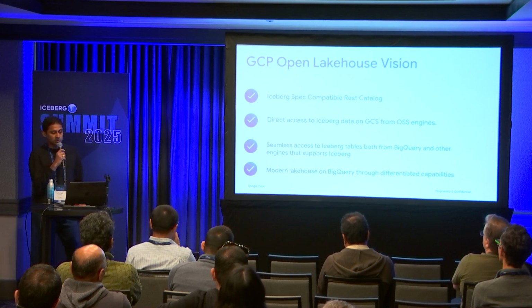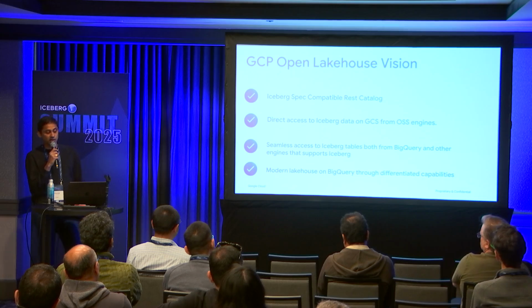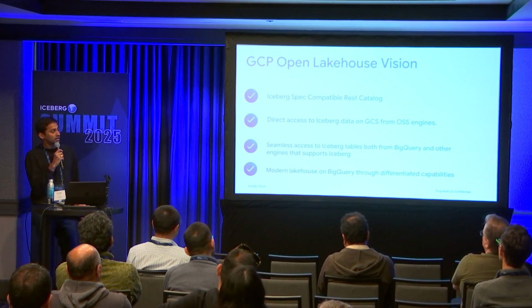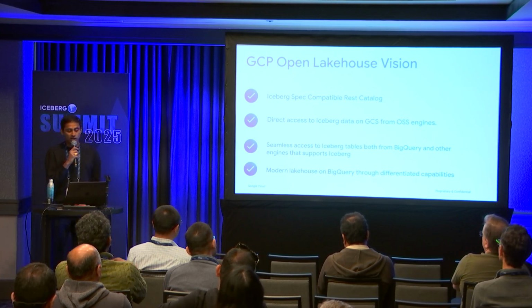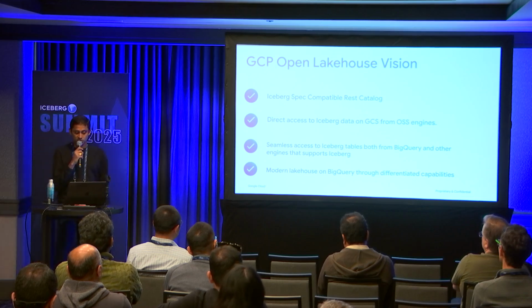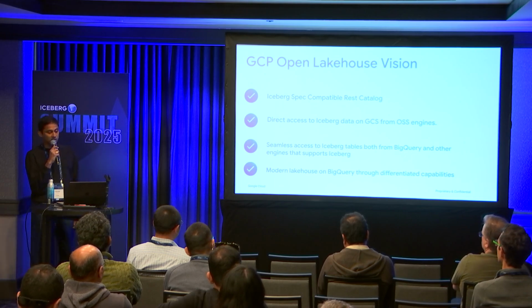I want to present a few components of our Lakehouse vision that we are building on right now. We are building an Iceberg spec compatible REST catalog that will be available sometime in summer. Through this Iceberg catalog, we are allowing direct access to Iceberg data on GCS for various OSS engines. You'll see a demo of that later in this talk.